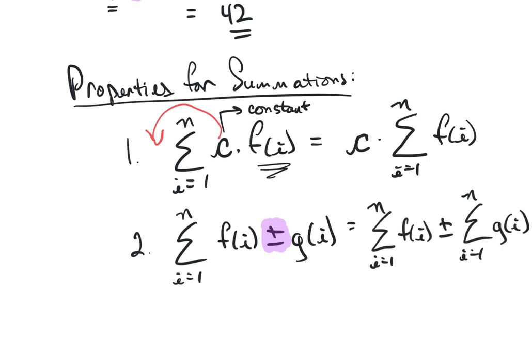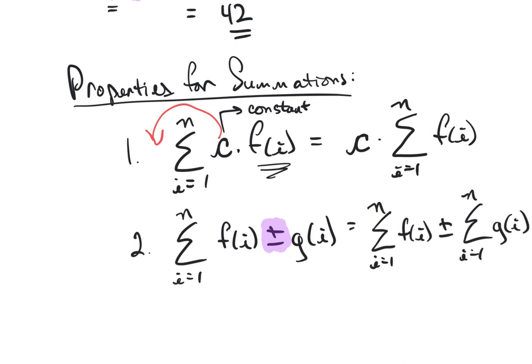So if you have the sum of a plus function or the sum of a minus function, we can just take the individual summations. So we start with one summation, we end with 2. And that's, again, a property that we're going to use many times in the next couple of days.